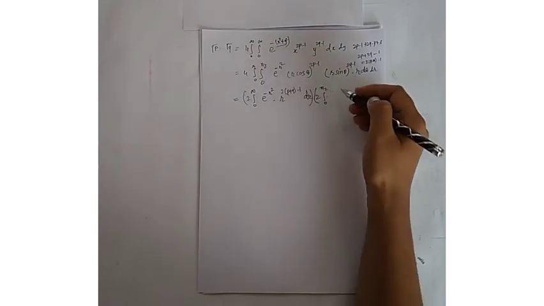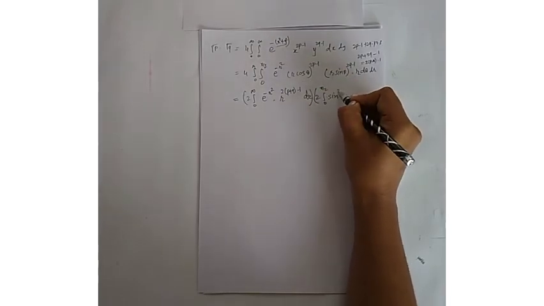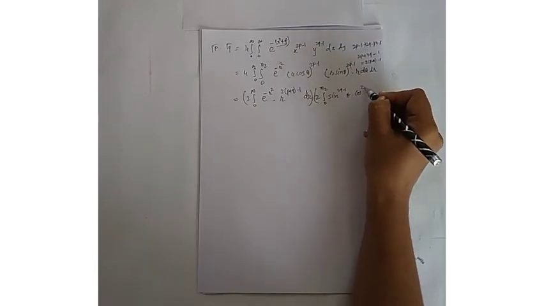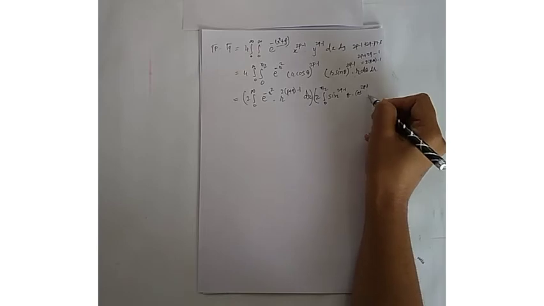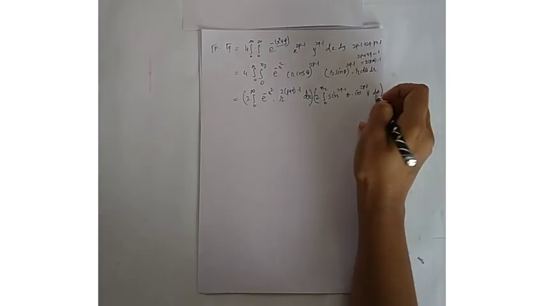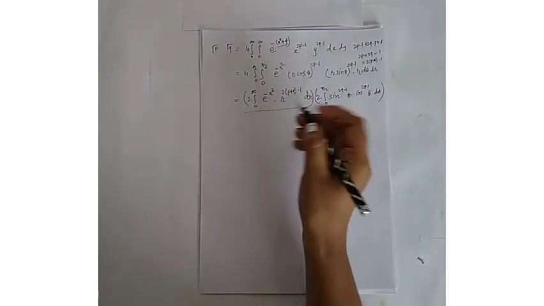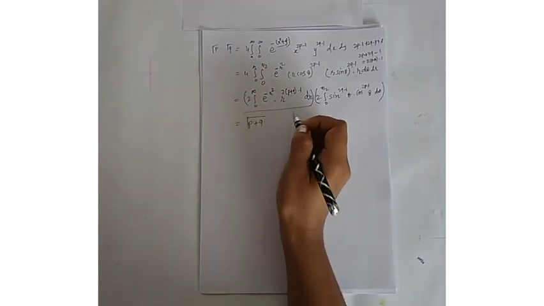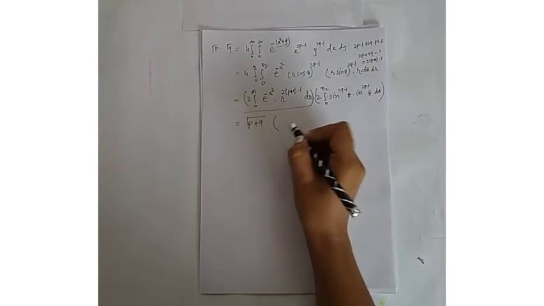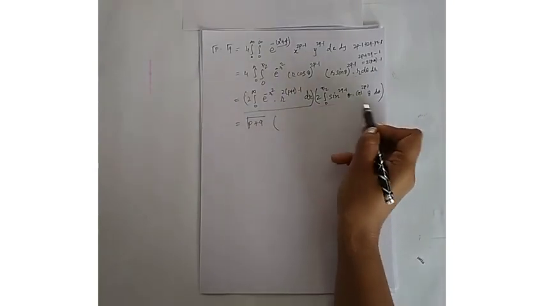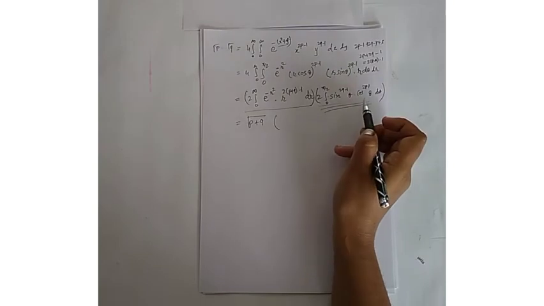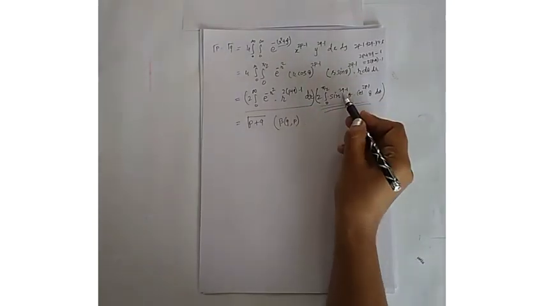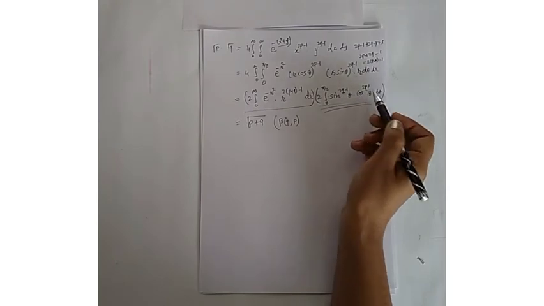The remaining term is sin to the power 2q minus 1 theta into cos to the power 2p minus 1 theta into d theta. So we know that the value of this integral is gamma(p plus q), and we also know this as a beta function, which is beta(q, p), because first is q and then p.